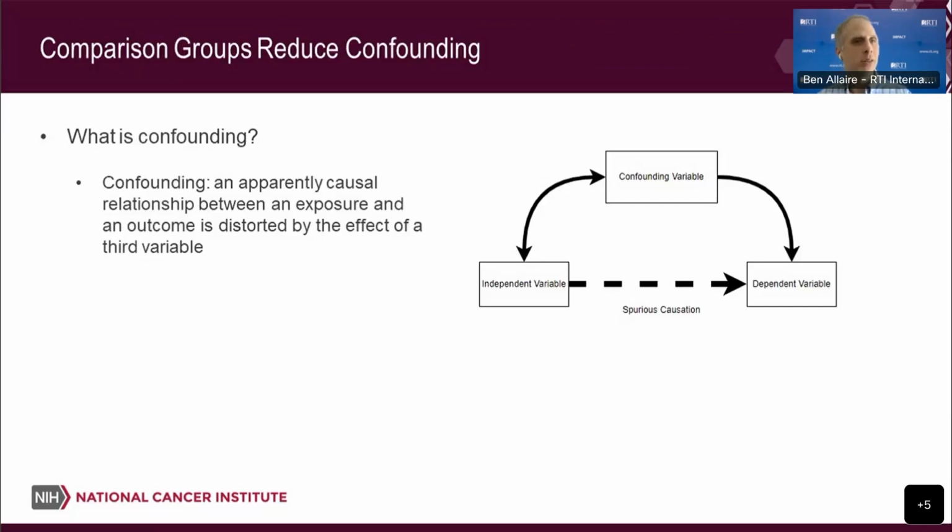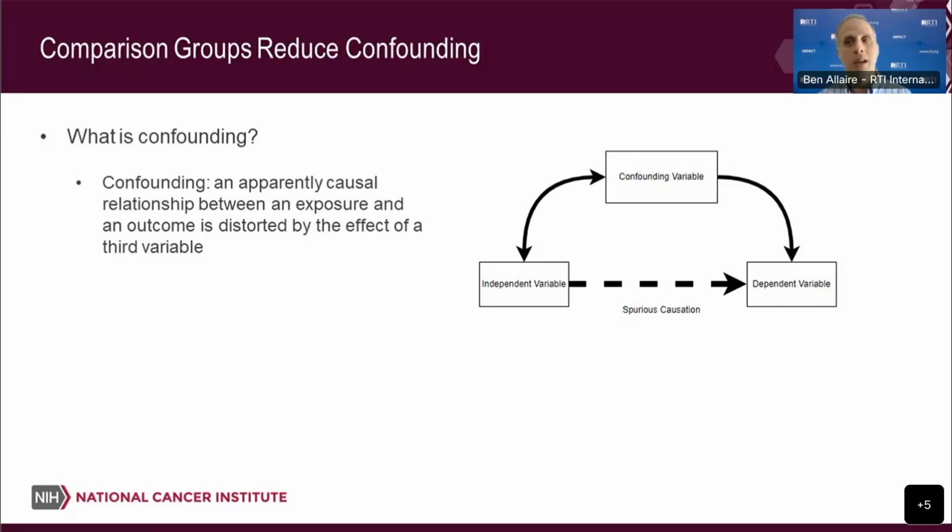A comparison group is a really terrific tool in order to reduce confounding. Now what is confounding? Confounding is when there's an apparently causal relationship between an exposure and an outcome, or an independent variable and a dependent variable, that's actually distorted by the effect of a third variable. You can see in the diagram here, the independent variable has a spurious causation on the dependent variable, and it's really caused by this confounding variable.